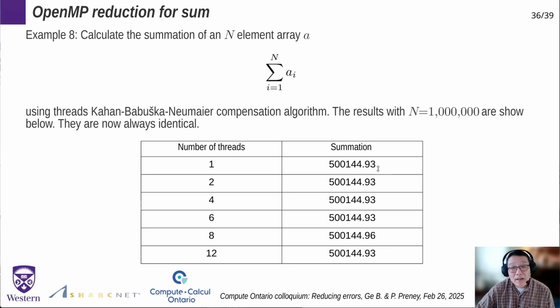And again, we see a pretty consistent result, but there's a little difference. At this point, I cannot explain why I have a slightly different answer. It might have to do with the order of the threads' operations or something else that I have to look into in detail.